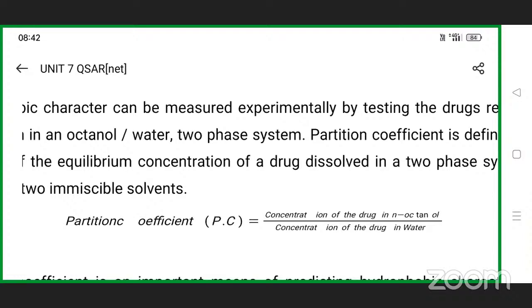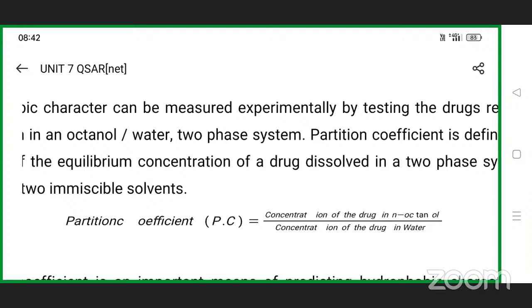N-octanol is an organic solvent, and here we take the concentration of the drug compound in the water, which is a polar solvent, and in N-octanol, which is a non-polar solvent.